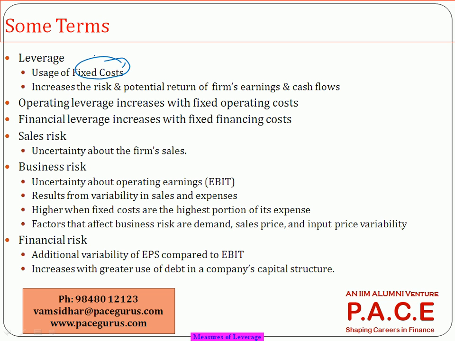So there could be two types of fixed costs from a company standpoint. One is from an operations perspective. From an operations perspective, whenever we use the word fixed cost, it has nothing to do with the quantity of output produced. Let's say I have taken a building on rent. Whether I have business or not, I have to pay the rent for the building.